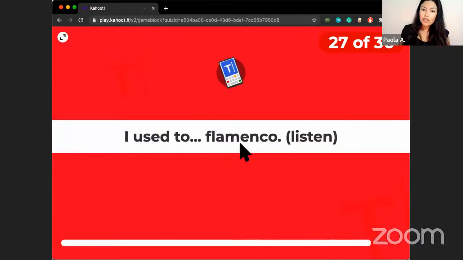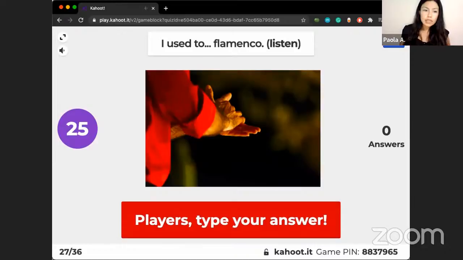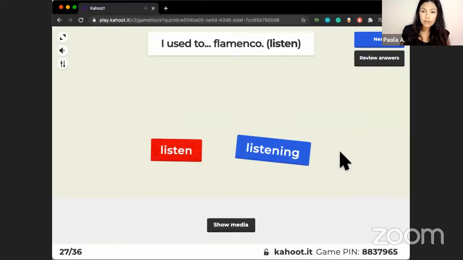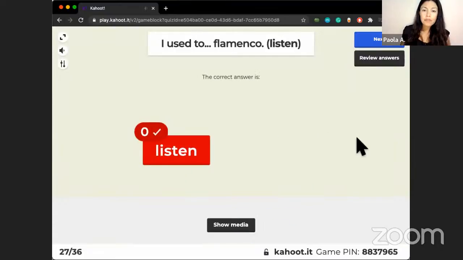Okay. I used to, what about here? All right, it was just listen, no? This used to, like I mentioned before, it's not a modal verb, but it's similar because it talks about things that you do in your routine.